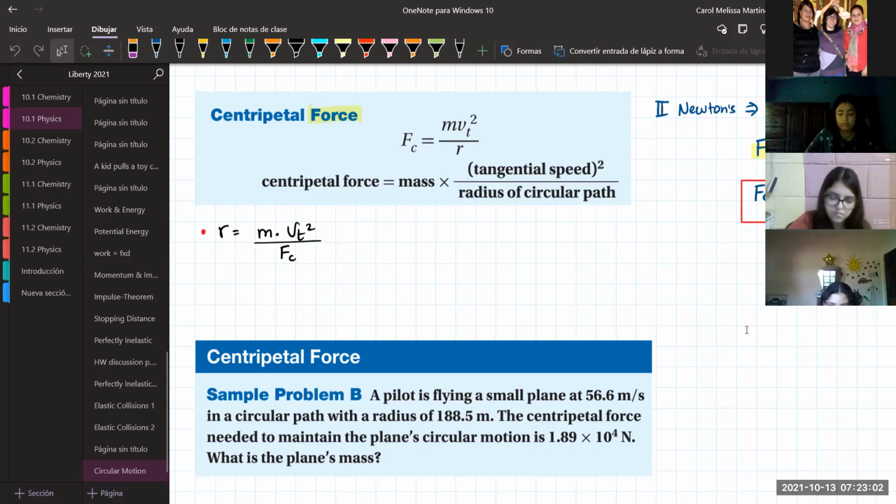Okay, if you want to know the mass, you isolate it. This one is dividing, goes to multiply, and this one is multiplying, comes to divide. So the isolation is going to be r, the radius, times the centripetal force divided by vt squared.